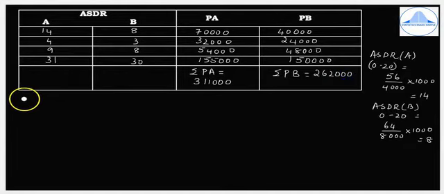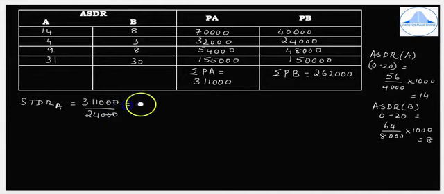Now let us compute STDR of A. So STDR of A formula, if you remember, is summation PA divided by summation P. So 3,11,000, this you divide by 24,000. On simplification, you will get 12.96.